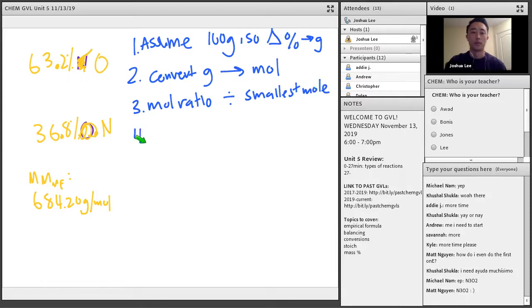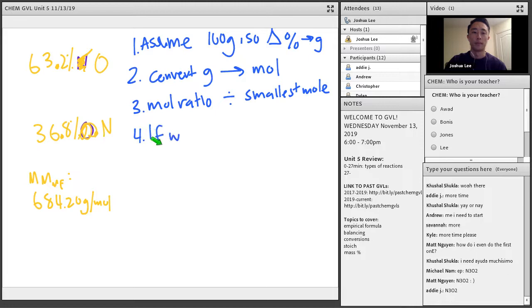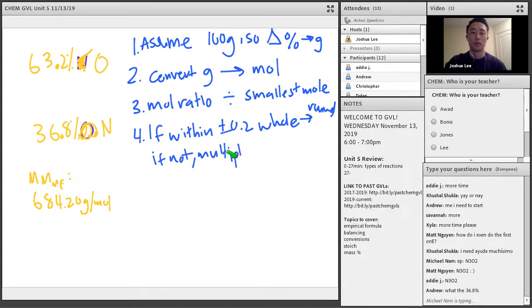Step 4: if within 0.2 plus or minus a whole number, then you round. If not, multiply by 2, 3, 4 until true.